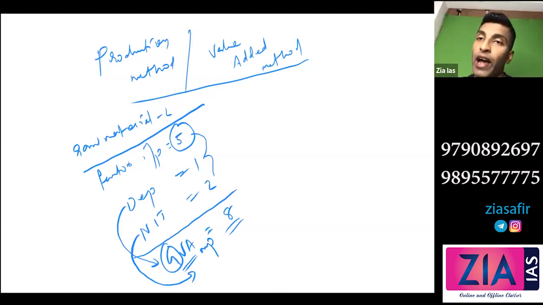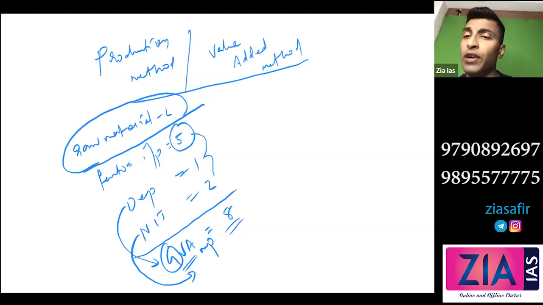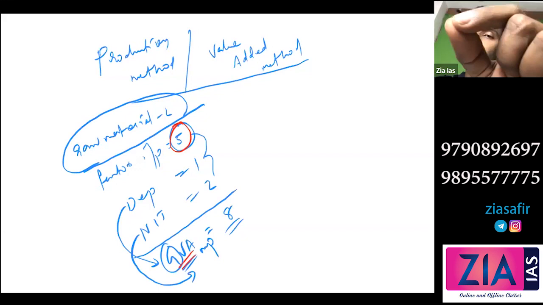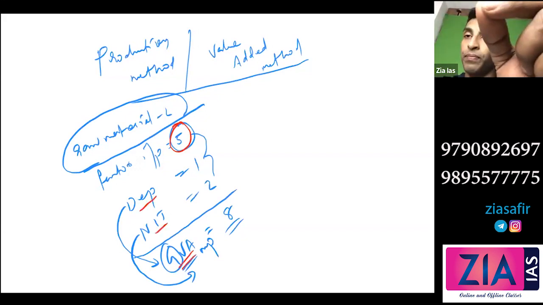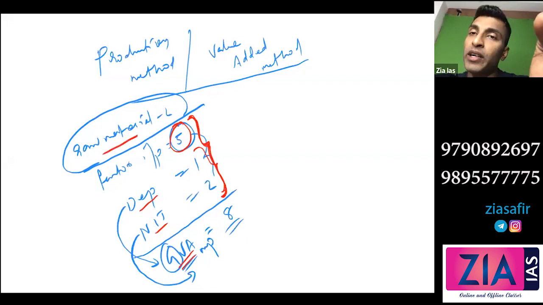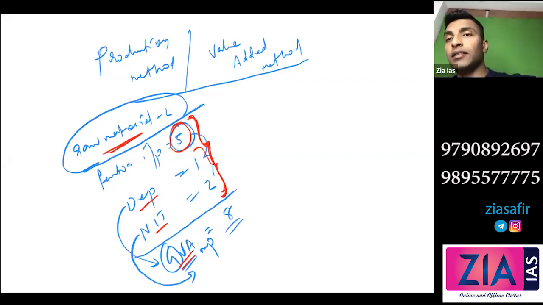For this pen, if I'm saying simply value addition, I can only talk about this 5 rupees, the original value addition. But when I take gross value addition at market price, I include this and this. You got it? Because this is how we get it from the market. It is easy to get from the market like this, and we can exclude raw material because input data is available.